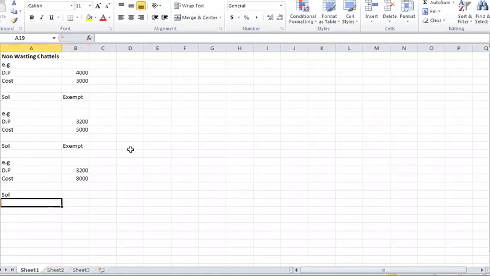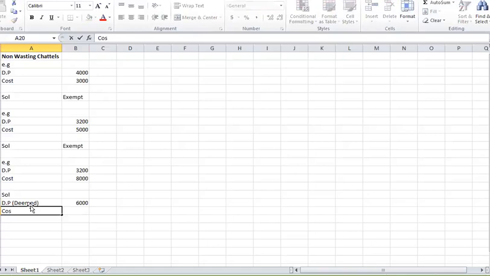Students, tax law says that if you are going to sell a non-wasting chattel whose cost is more than £6,000 and selling price is less than £6,000, in this case, you will ignore the actual selling price. Selling price will be deemed, assumed to be £6,000.